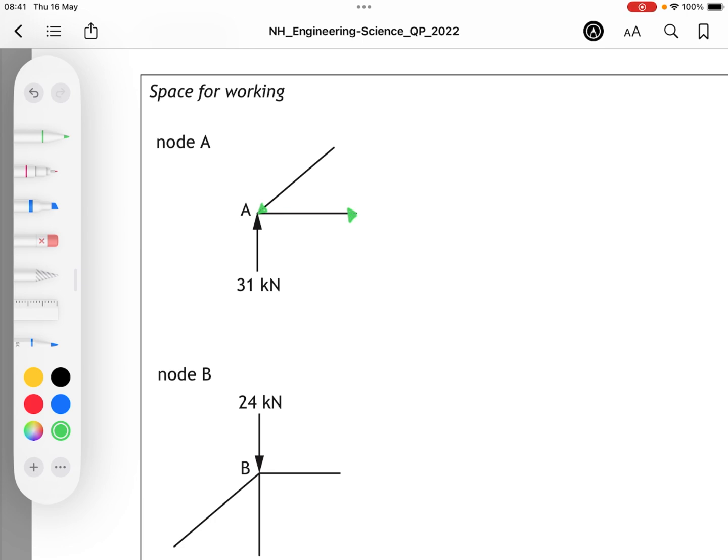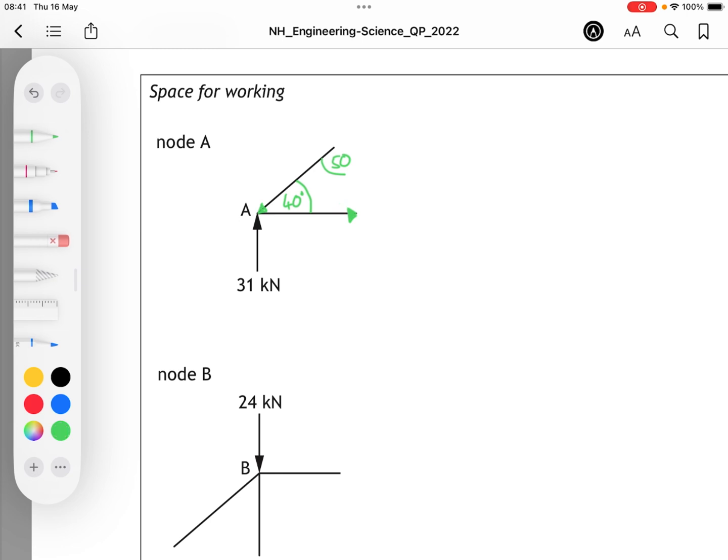We're also given that the angle between AB and BC is 50, so we know that this angle here is 50. We know that that's a right angle, so we could say that this is 40 to make it a little bit easier for ourselves. You can keep with the 50 if you want, it's going to be valid either way.